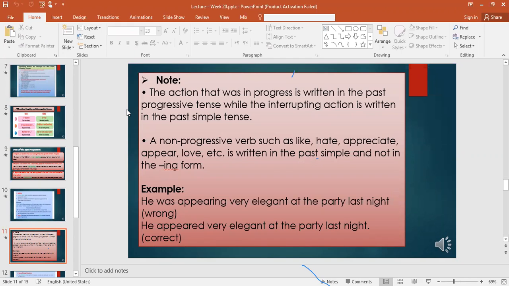We cannot say "I was loving" or "I was hating" or "while I was appreciating." We say "I loved, I hated, I liked, I appreciated." So use them only in the simple tense. This is also a very important note. You already know it from the stative verbs because we really stressed stative verbs when we were explaining the present tense.